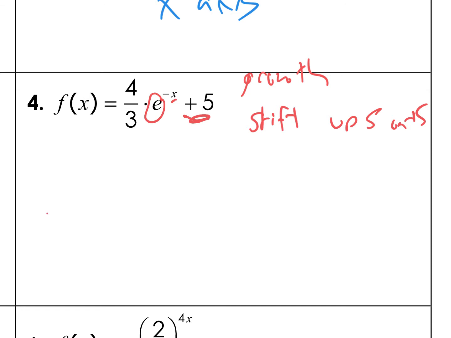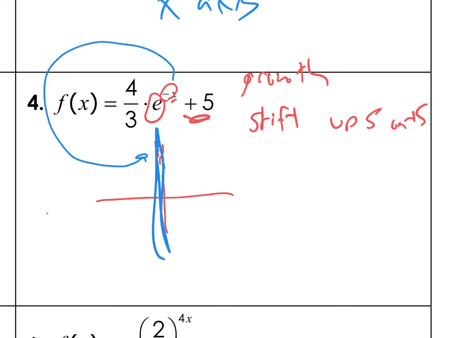But there is a minus in front of it. That means it flips over the y-axis. This negative x causes it to flip over the y-axis.